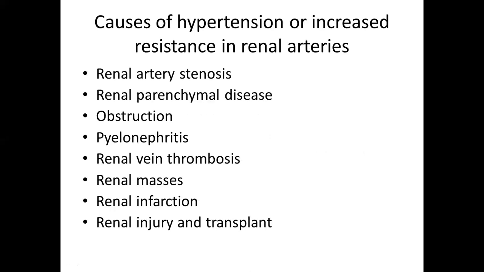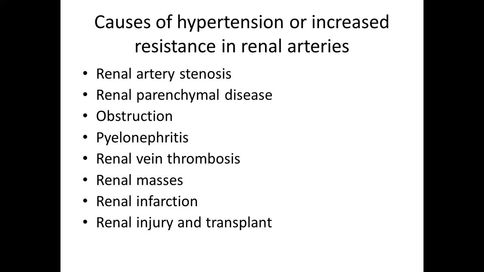So the causes of hypertension, which are also equated to just an increase in the resistance in the renal arteries, because that's what simply causes renal hypertension, right? These include renal artery stenosis as the major cause, and this can also be due to renal parenchymal disease.